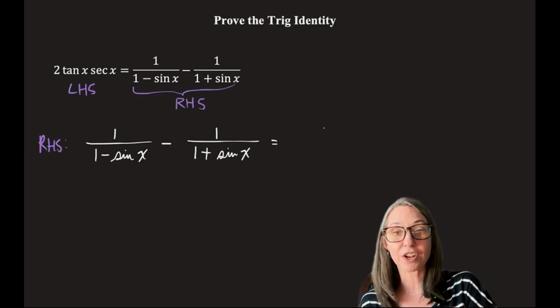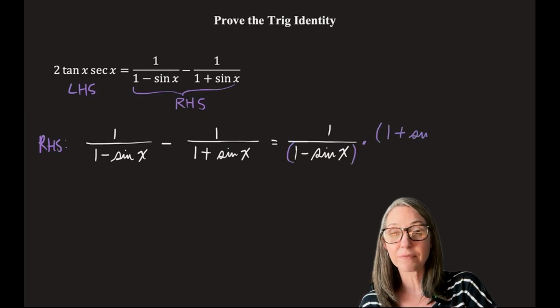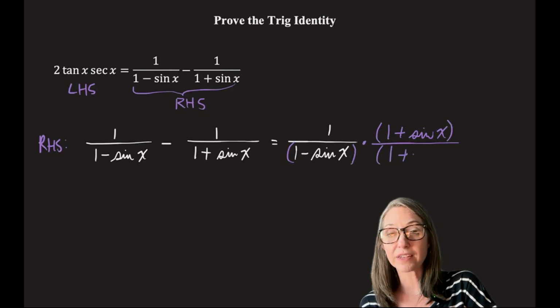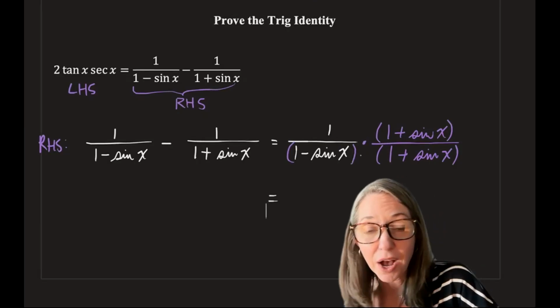So the first fraction, 1 over 1 minus sine of x, we're going to multiply by the other denominator over itself. Let's add parentheses around 1 minus sine x and multiply that by 1 plus sine of x over 1 plus sine of x. All right, now we're going to try to simplify this next.